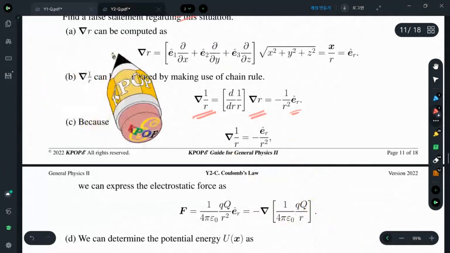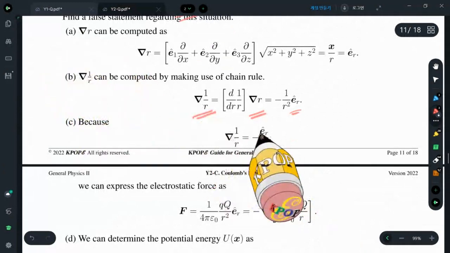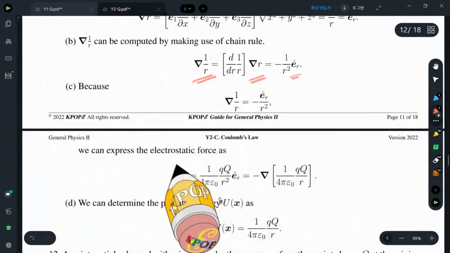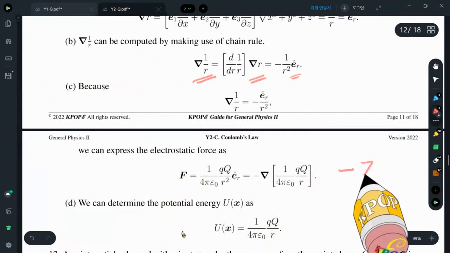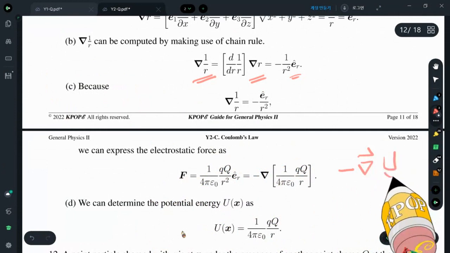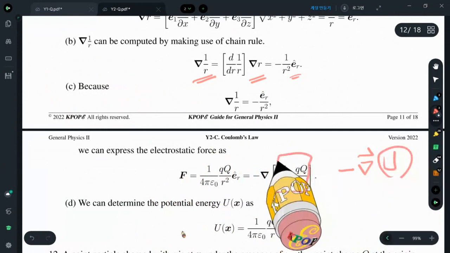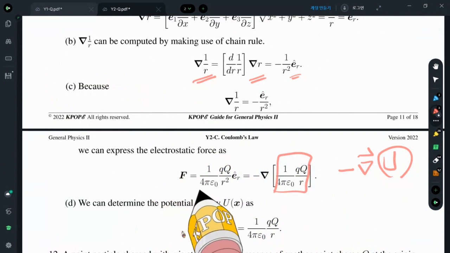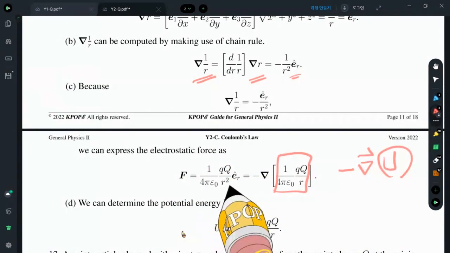So you can follow all these to reproduce the electrostatic force by computing minus the gradient of the potential energy. And potential energy is much easier to compute rather than the Coulomb force, which is a three-dimensional vector.